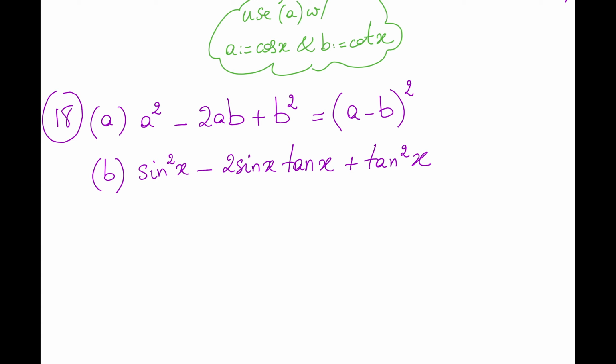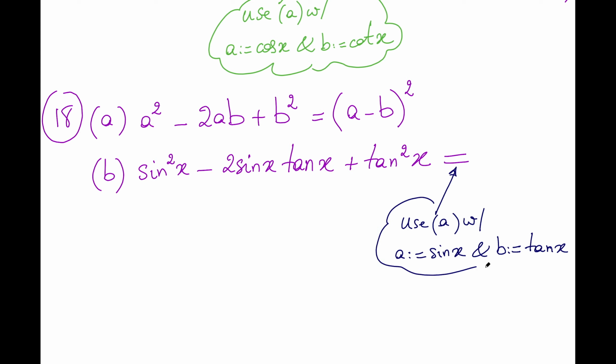Okay, so what's the deal here? The deal is I'm gonna use part A above with the choices of A being, as we said, sine of x, and B equal to tangent of x, correct? Agree with me? If you assign the role of A to be sine and the role of B to be tangent of x, this whole expression is exactly the left-hand side of this identity in part A. And we've done the work.